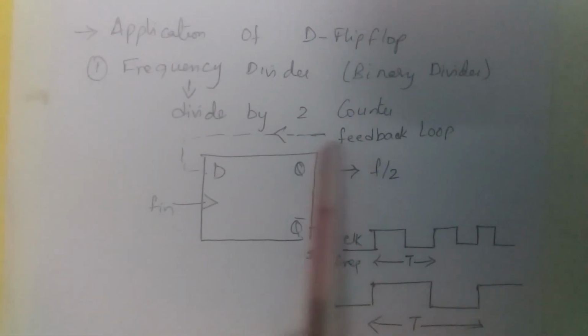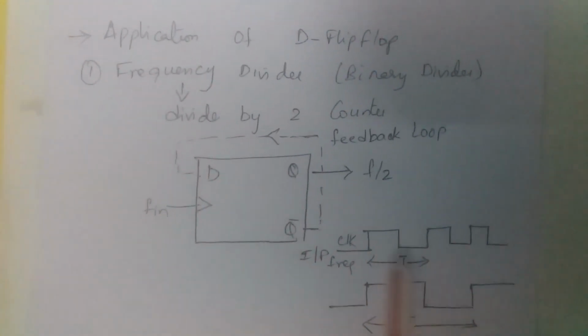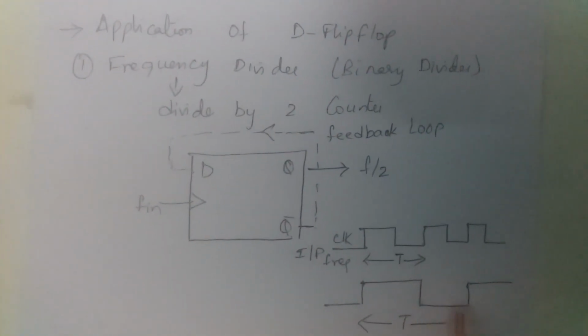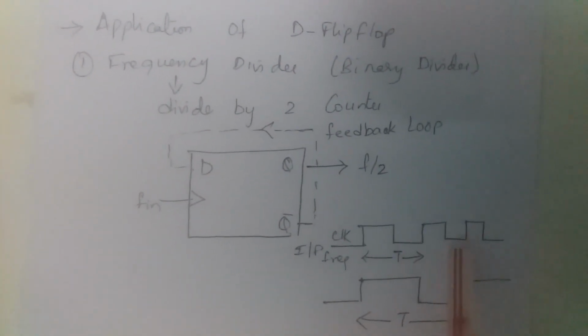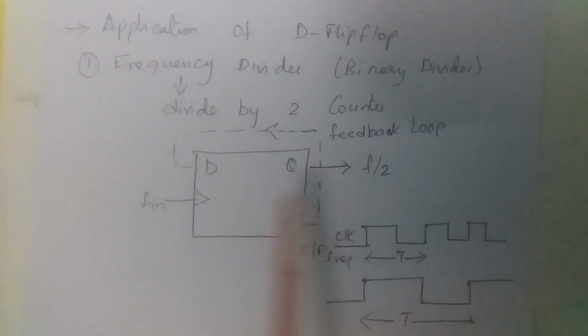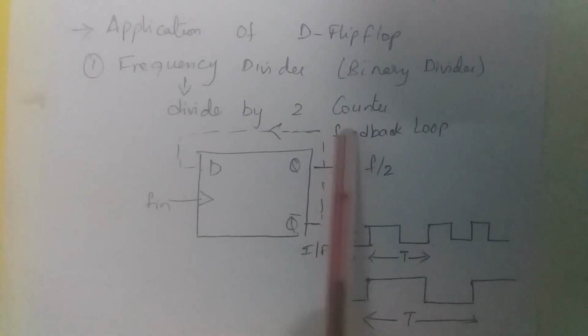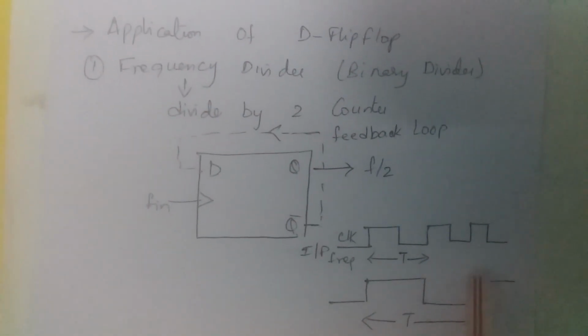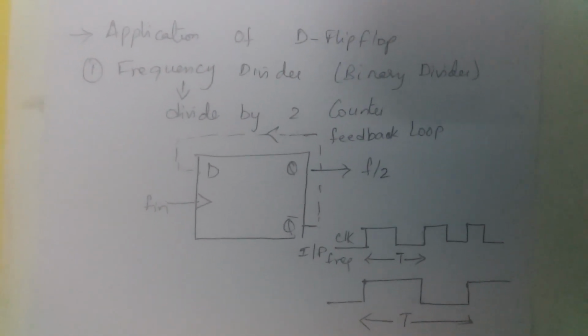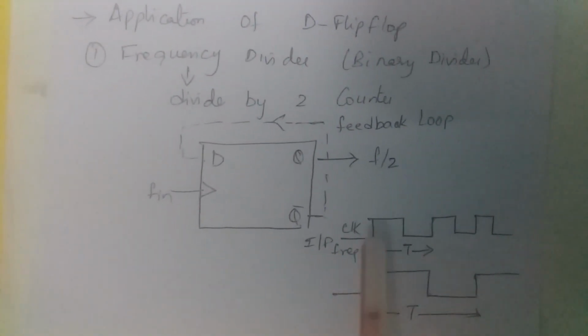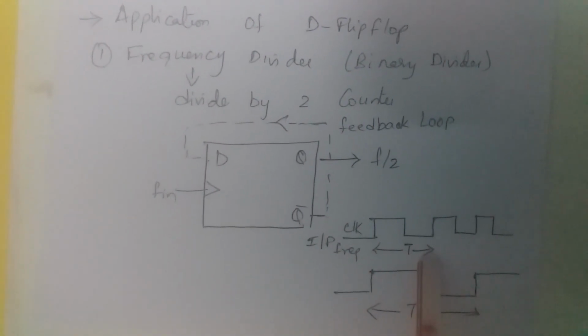Q bar is applied to D. Now the output goes low. And this remains in that state until the clock goes high. Now once the clock goes high, this is high now. This is applied over here. Again, the output goes high. So this is repeated.